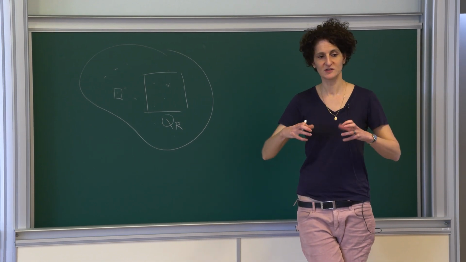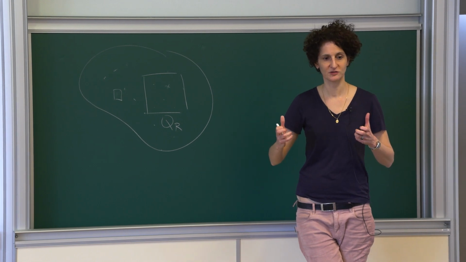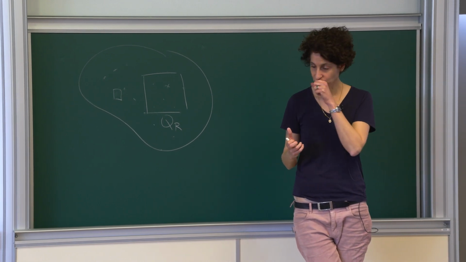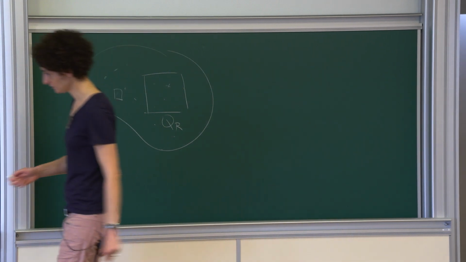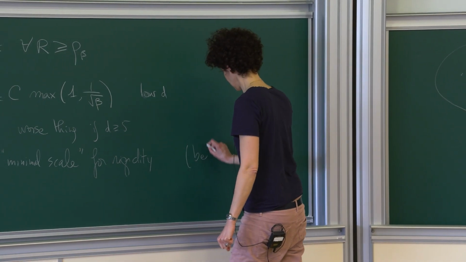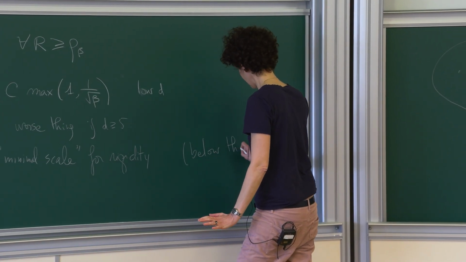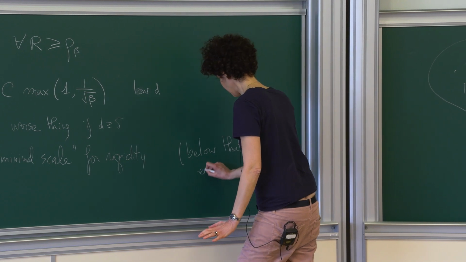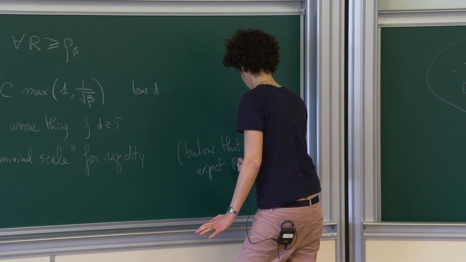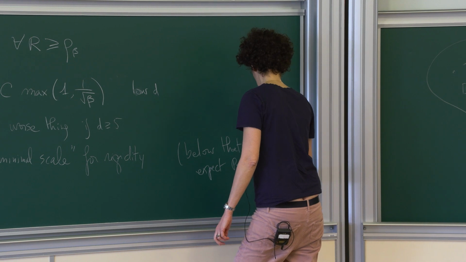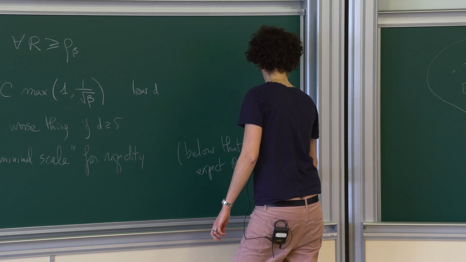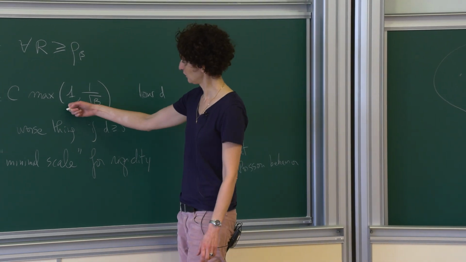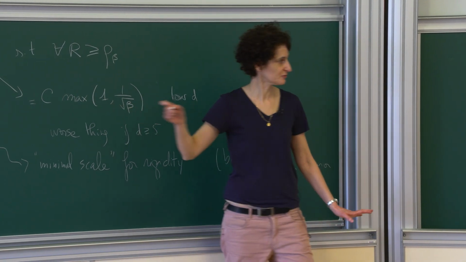So the rigidity only kicks in above a certain scale. Below that, it's not really proven, but you expect Poisson behavior.